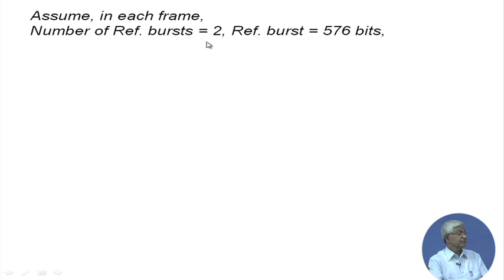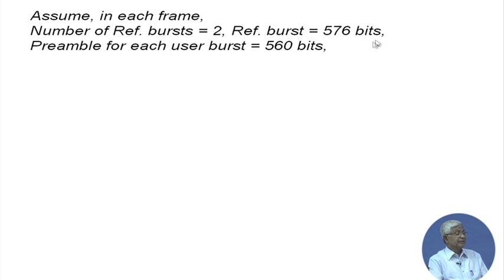Each reference burst is 76 bits. These are some Intelsat type TDMA numbers, practical numbers. The preamble for each user burst is 560 bits. The rest of the bits in a user burst are useful bits. This is the preamble, that is the overhead bits.